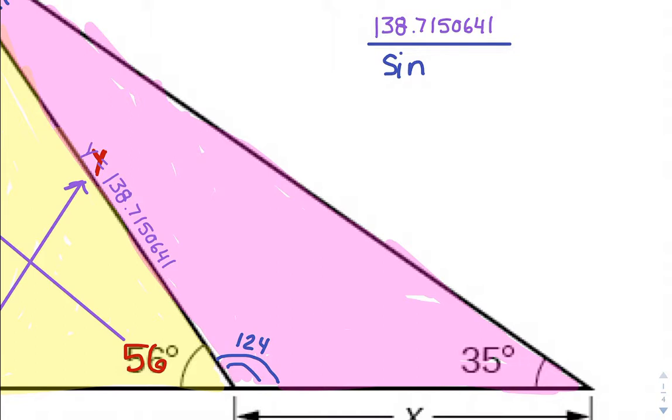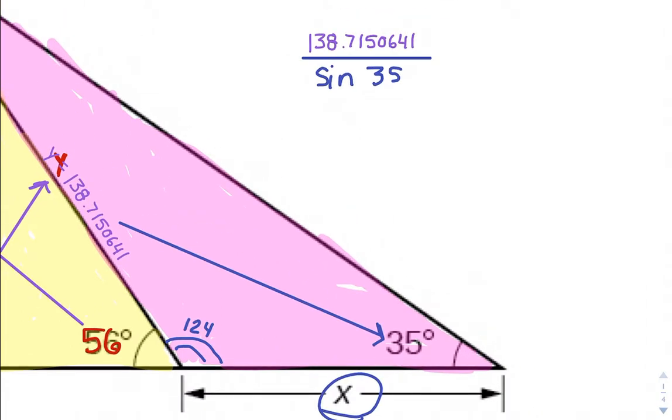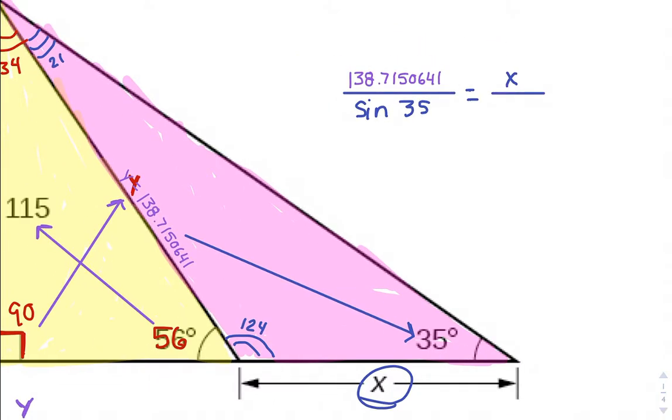So if I'm looking at y, across from y would give me 35 degrees. So this is going to be sine 35. Now the only other side length that you need to figure out is x right here. So I'm going to set it equal to x over, now figure out what's across from this side. If I look, it's this angle up here. So it's going to be sine 21. So that's how I get my second proportion.